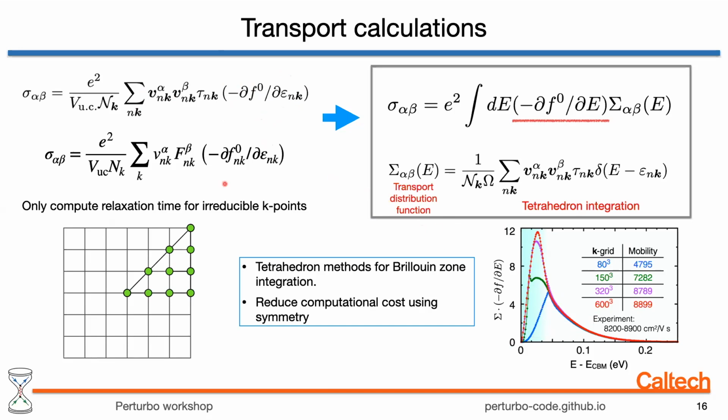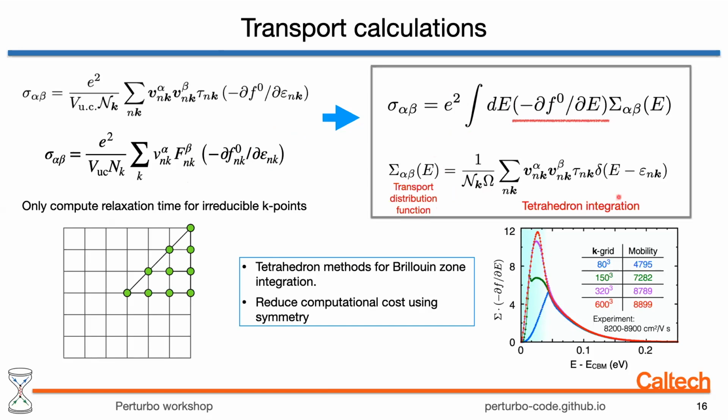Now, of course, the limiting factor in our calculations is the calculation of the relaxation time and this unknown capital F, because this is a very large computation, as I said previously. So in order to do this, we split up this expression for the conductivity into two parts, namely this energy integral, as well as this transport distribution function.